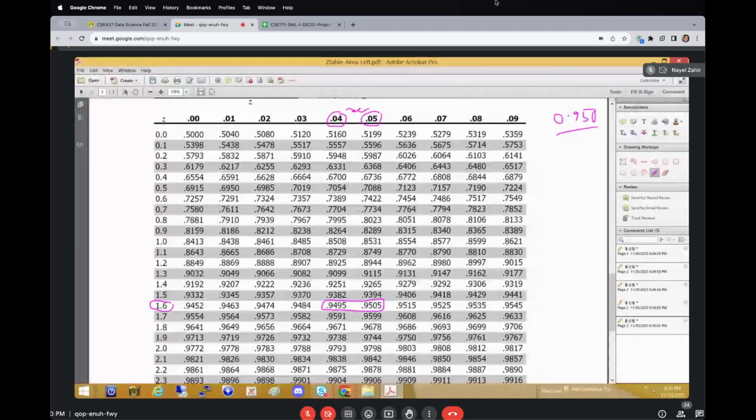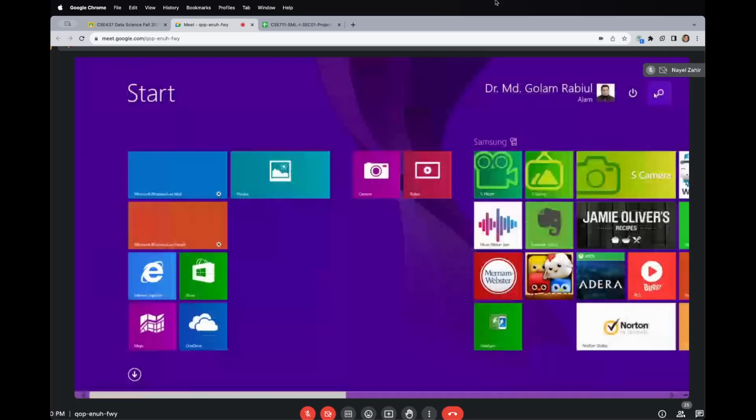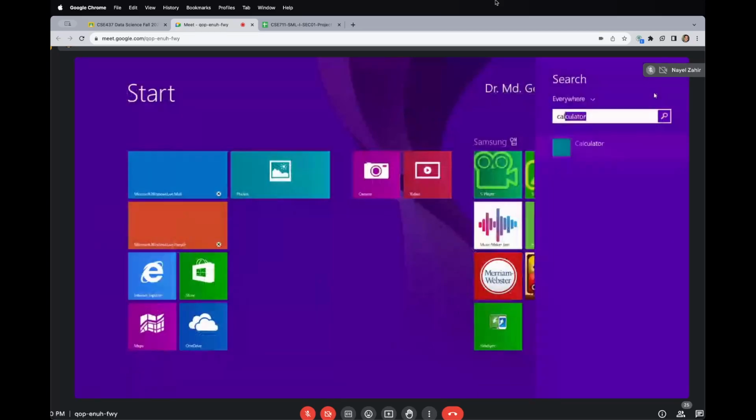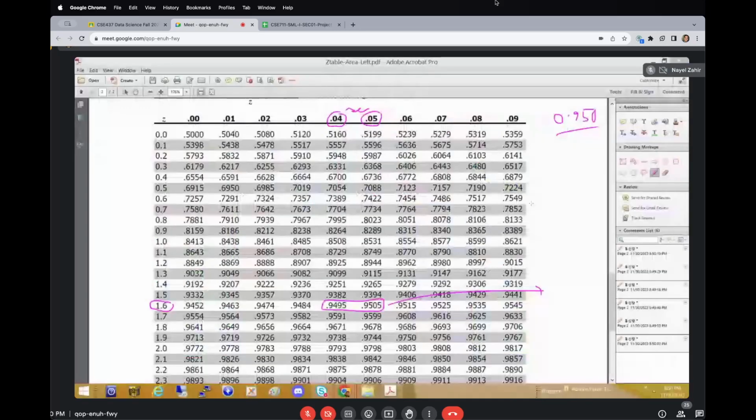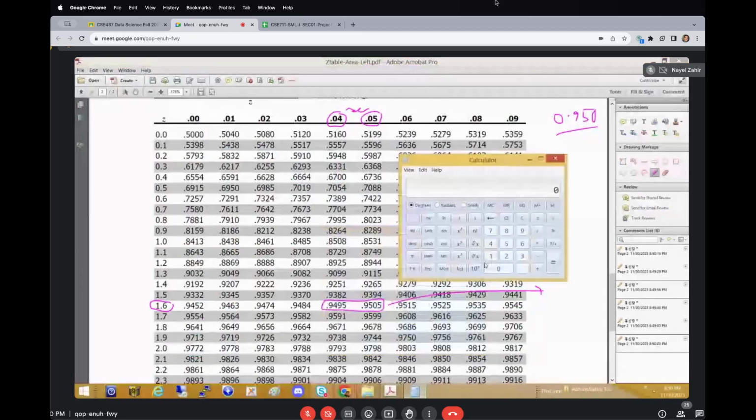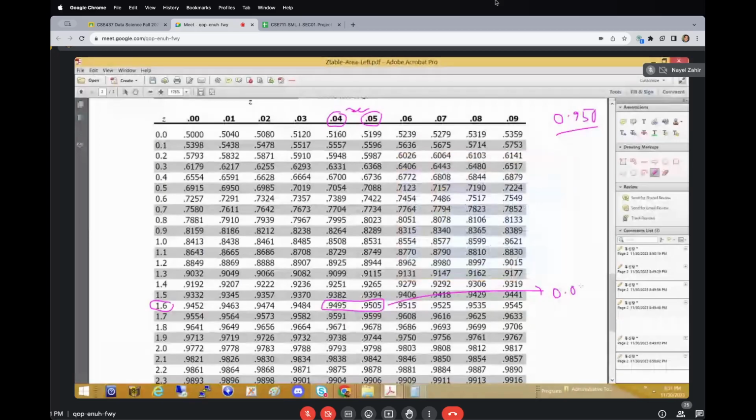The difference is 0.9505 minus 0.9495 equals, so the difference is actually 0.001. So here is the difference.